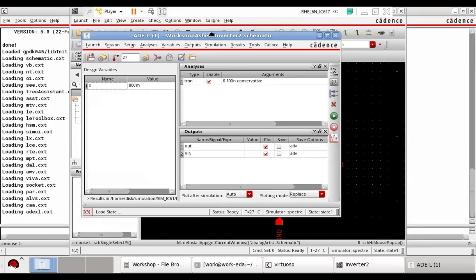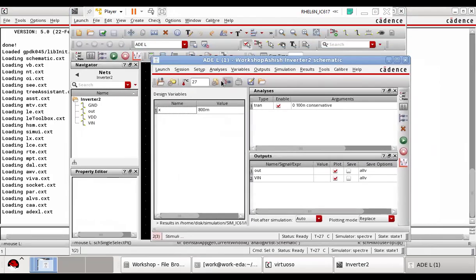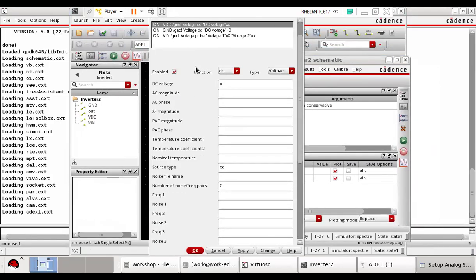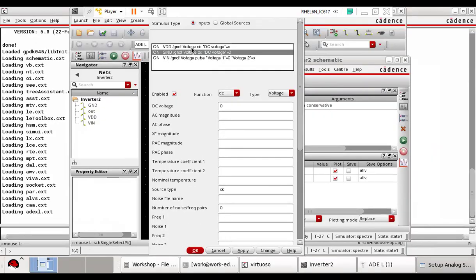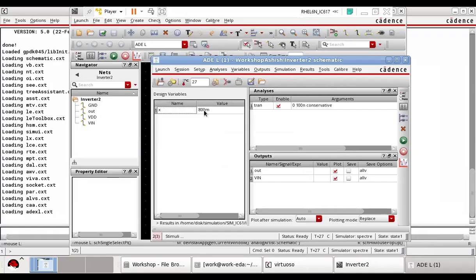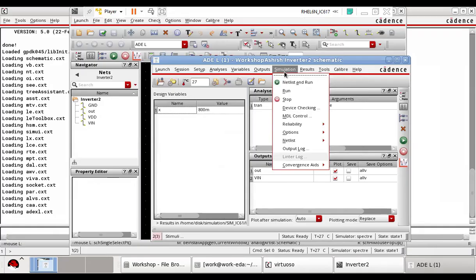So this is your ADL where I have given the pulse on the input and ground and VDD as a voltage X, and this X voltage is actually 0.8 volts, right? So I need to see the power results also in this case.